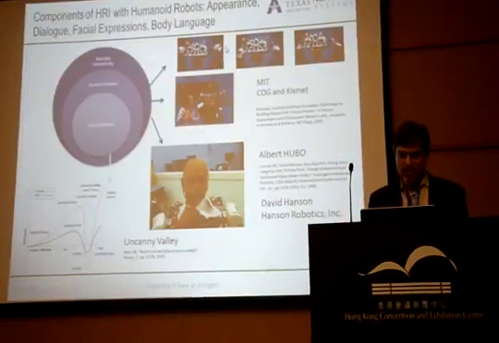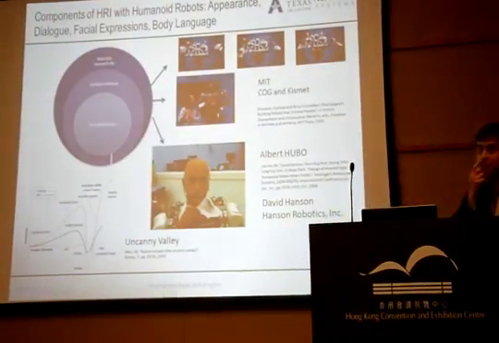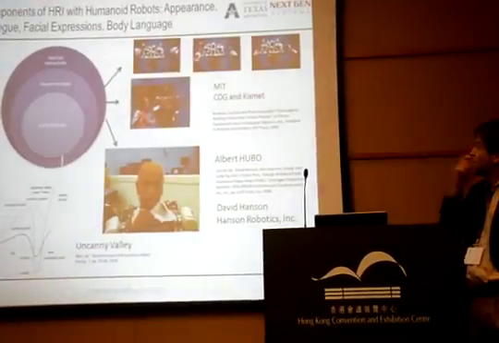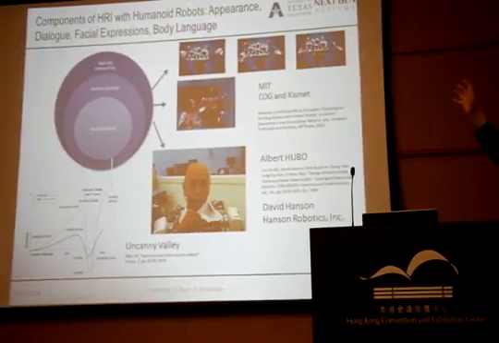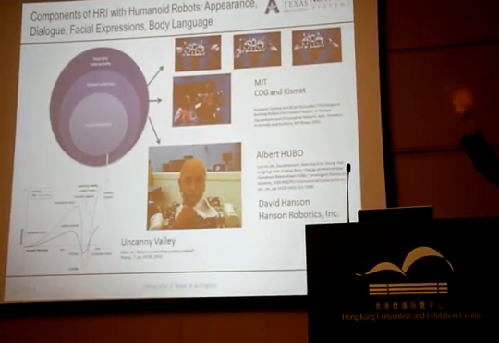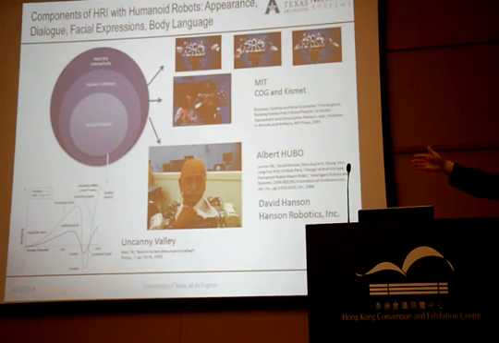So coming back to this problem of uncanny valley, there are four very important components of HRI. On one hand, there's appearance, and here David's robots are unprecedented in terms of what they can offer. If you make the appearance unlikable, then that's the first step, and you have to fight against that.